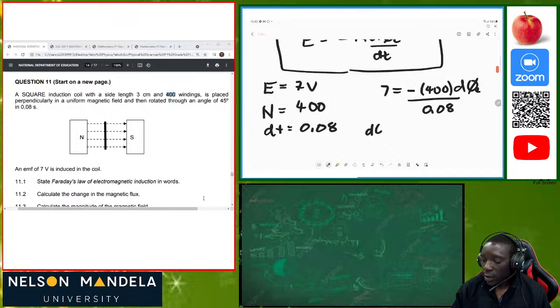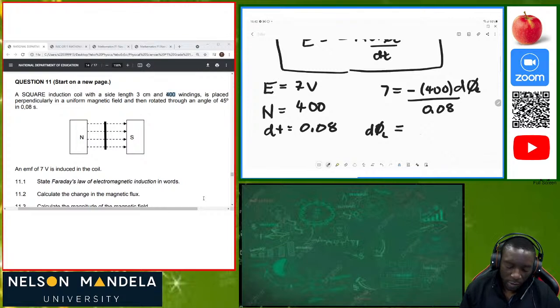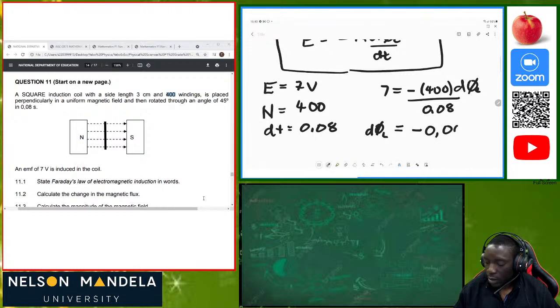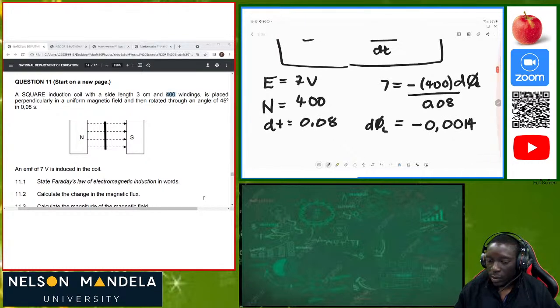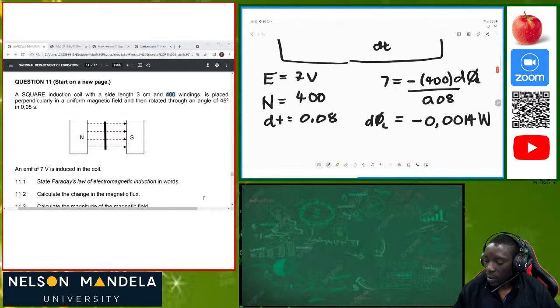And therefore dΦ, the change in the flux, will be equal to 7 times 0.08 times 1 over 400, which is negative 0.0014, and the units are Webers.